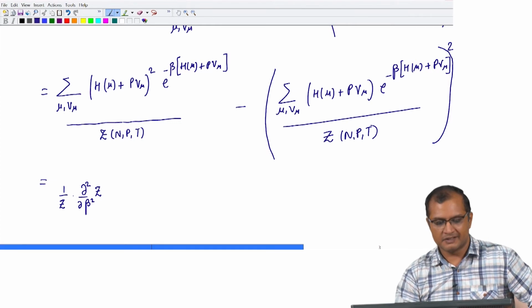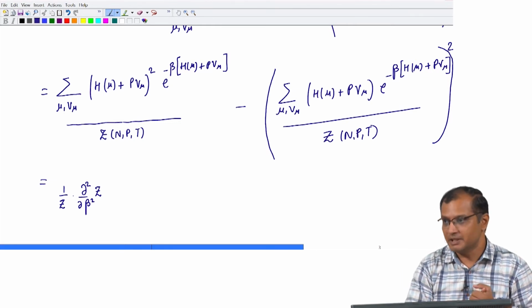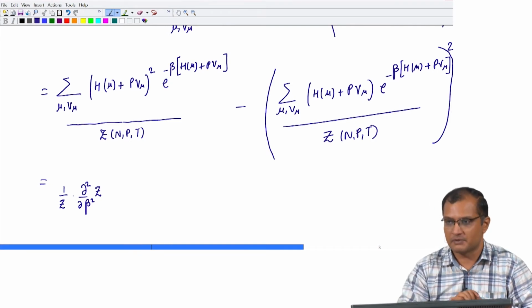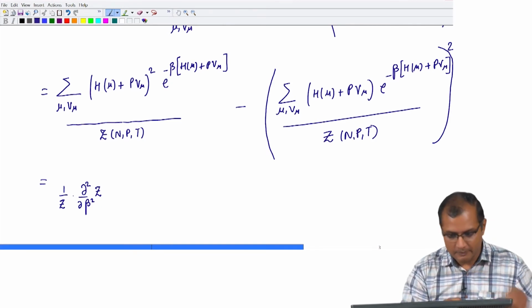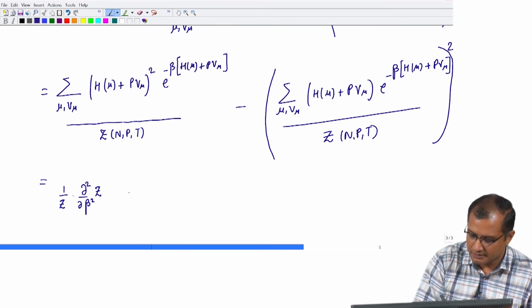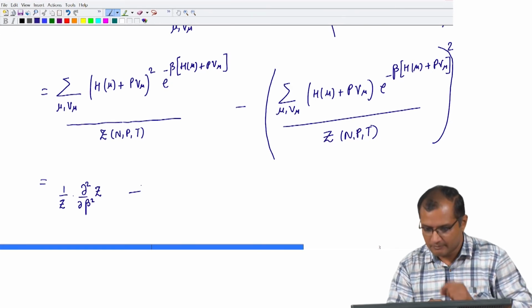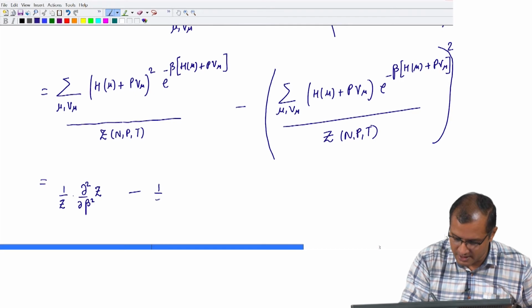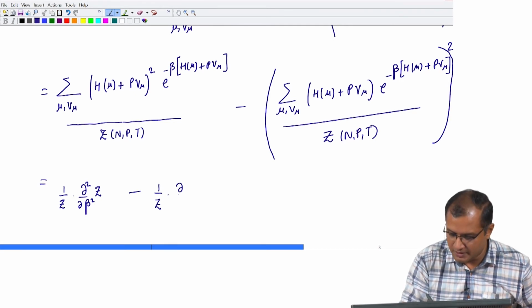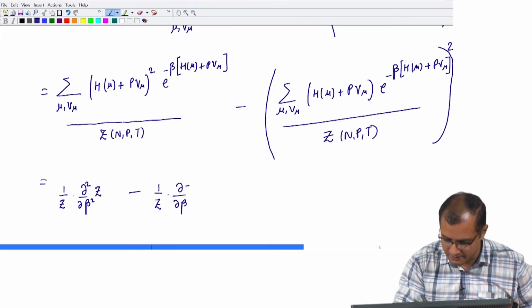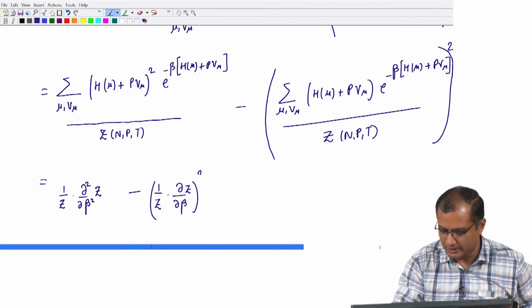One derivative will pull out minus enthalpy, one more derivative will pull out another minus enthalpy, so minus minus becomes plus, and that is your second derivative. Here the second term would be where you have just pulled out one term. So it is going to be 1 upon Z into d by d beta of the partition function, and you square it.